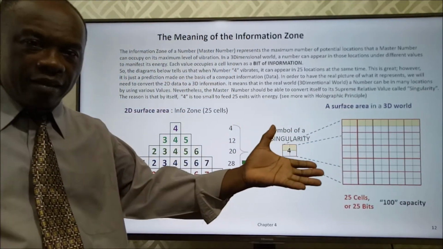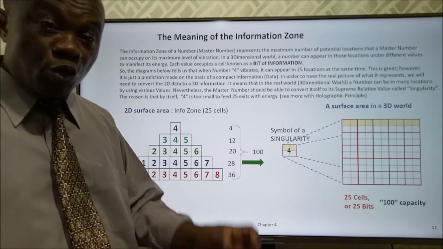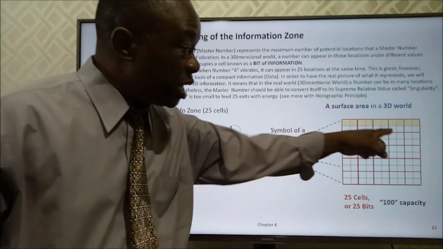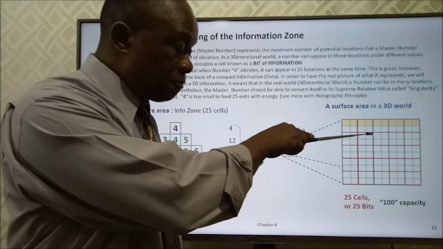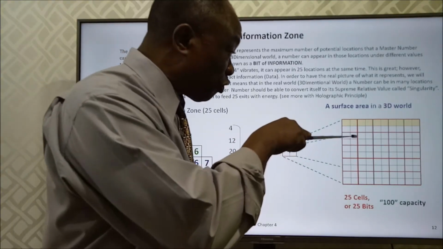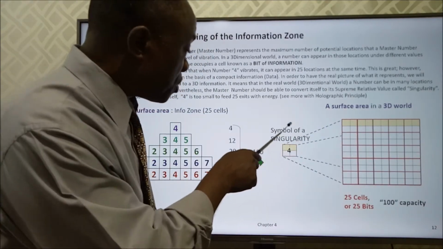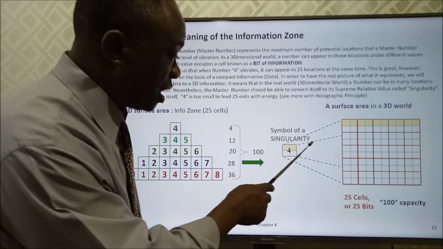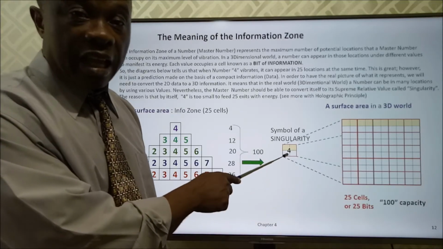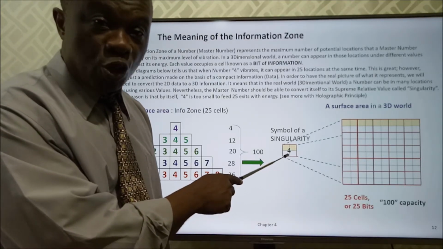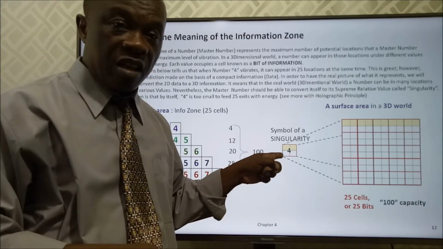So it can decide. And the same number 4 here as a master can decide to use its veto power in order to be in these 25 locations. Because he must feed in the end. Number 4 must feed this, but not as a 4. He will get that power, and that is the singularity. Only with its singularity can 4 do that. The ultimate power of 4 is the singularity of 4.